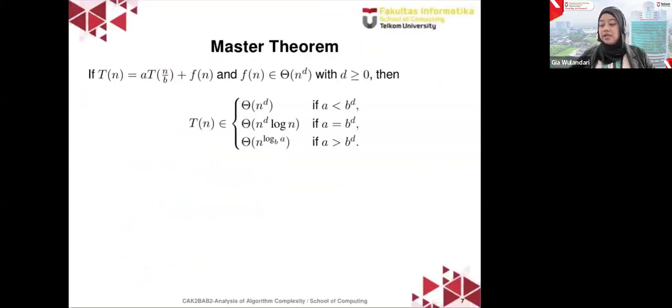Okay, the last one is that we have another theorem that can be used to determine the asymptotic notation for a recurrence relation.